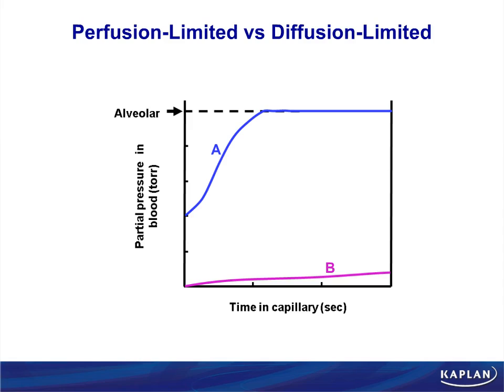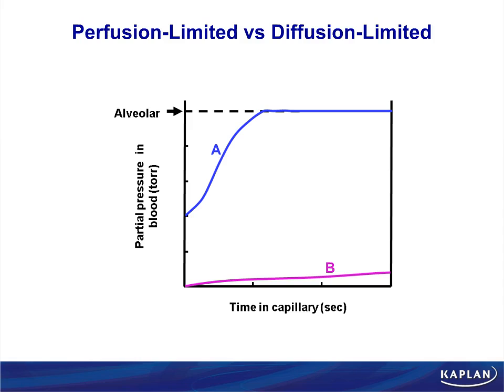Can't go above because this is simple diffusion. So gas A equilibrated with the alveolar gas. Thus, it is perfusion limited. Curve B, notice, doesn't even get close to the alveolar partial pressure of gas B. Because it doesn't get close, because it doesn't equilibrate, it's diffusion limited.